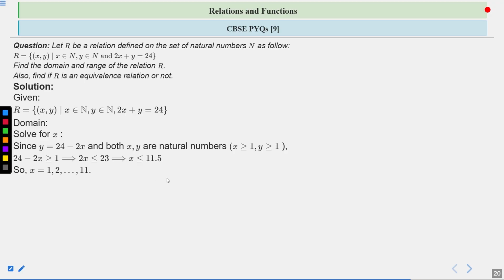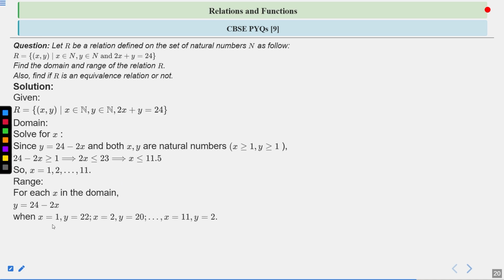Got it? Now, for each corresponding x, we can find the values of y. That will basically be the range. So the domain is x from 1 to 11. And what should be the range? For each x in the domain, y is equal to 24 minus 2x. When x is equal to 1, y is equal to 22. When x is equal to 2, y is equal to 20.